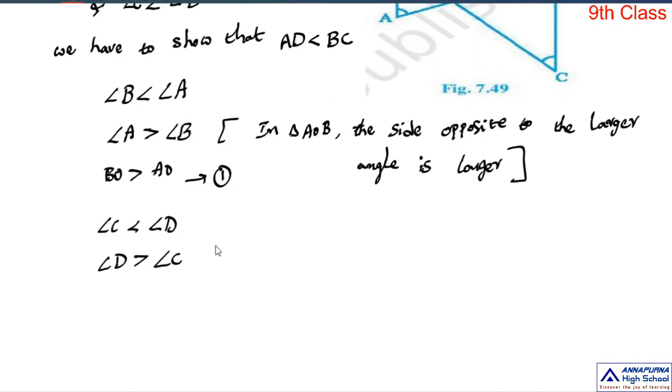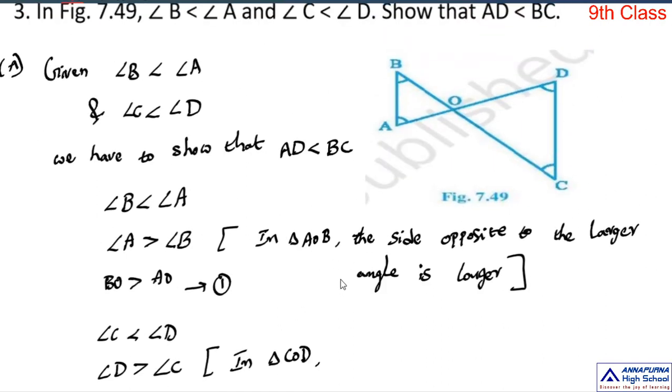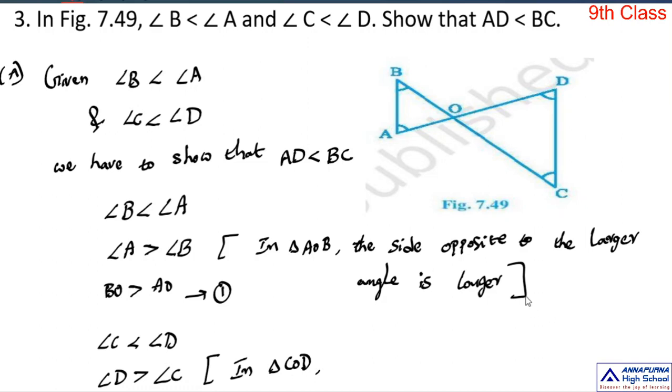Now again applying the important property in triangle COD: the side opposite to the larger angle is longer.